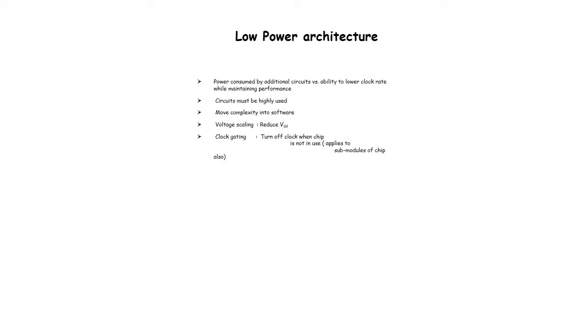Voltage scaling reduces the VDD level, that is the supply voltage value. Clock gating means turning off the clock when a chip is not in use. It applies to the submodules of a chip also. That makes the low power architecture more efficient and increases the number of instructions processed per cycle.